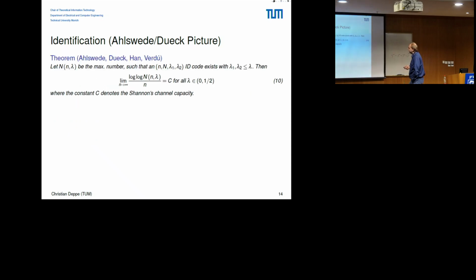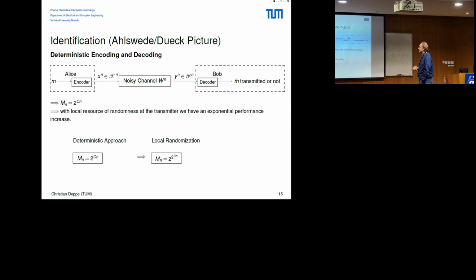That's the theorem of Ahlswede and Dueck, who did the direct proof and also what they called a soft converse, and later Han and Verdú gave the strong converse. To overview it: with a deterministic approach you have just 2 to the Cn messages, and with randomization you have this number of messages.